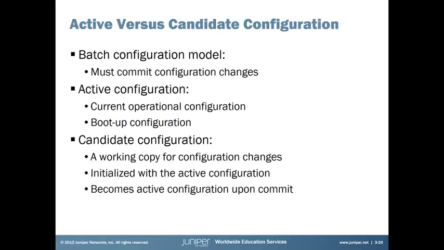Nothing changes unless you commit in Juniper. You can type anything you like, put in all the IP addresses you like, set up anything you want. Unless you type commit, nothing goes live. It's kind of like, do you really want to do this? You type commit, yes, okay, then it goes live.